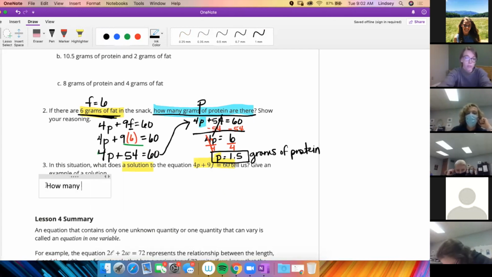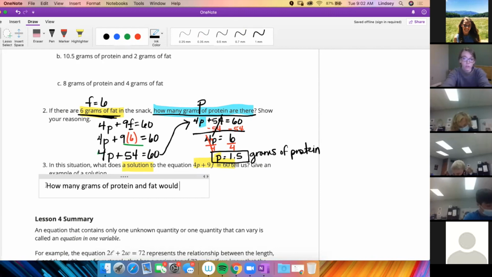How many grams of protein and fat? Okay, but there's a little bit more to it. What does it have to equal? Okay, would combine to equal 60 calories.